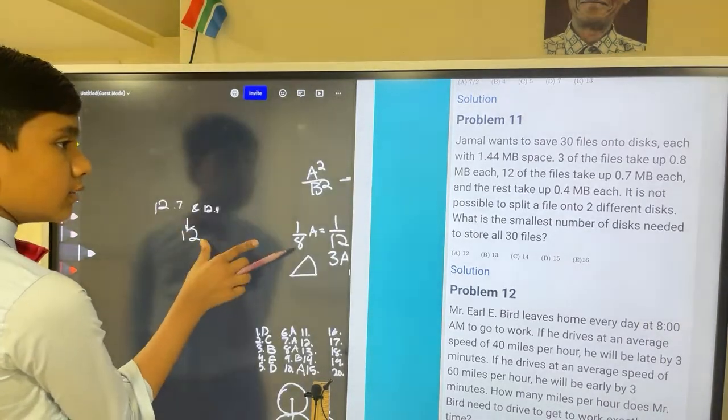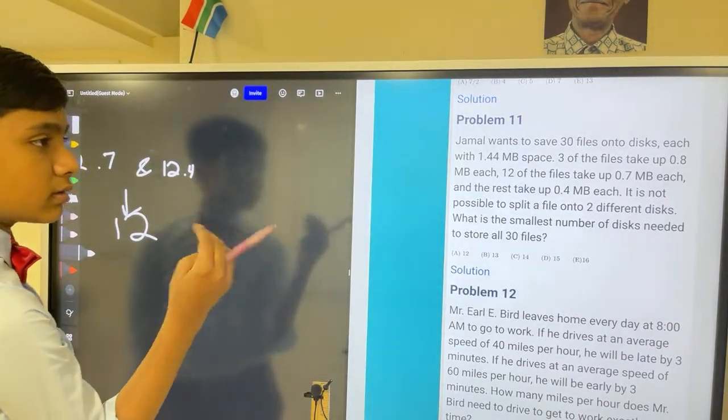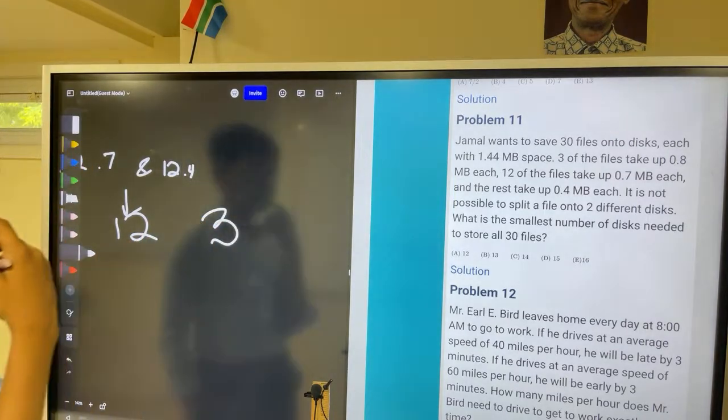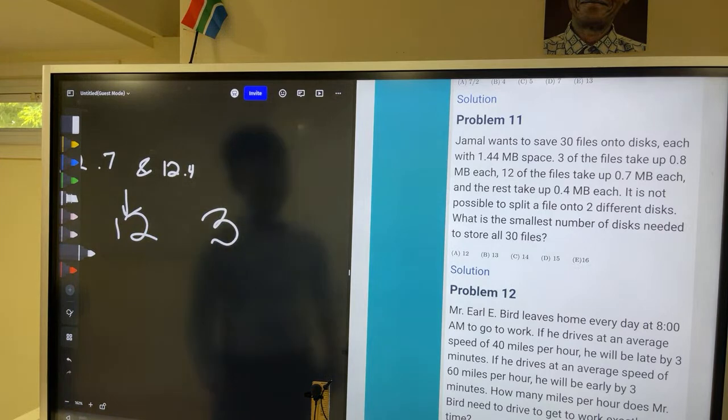Then you have 3 0.4s and 3 0.8s. So you just put them together and you get 3 more, which means you need 15.